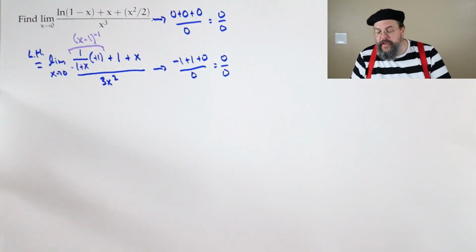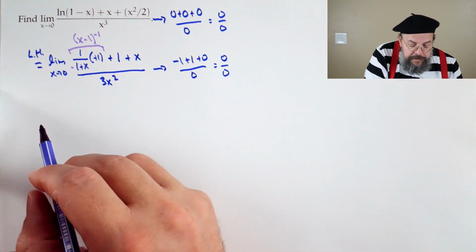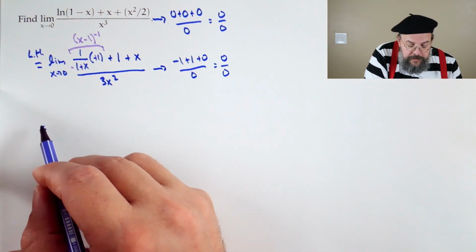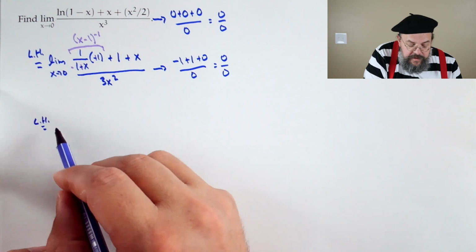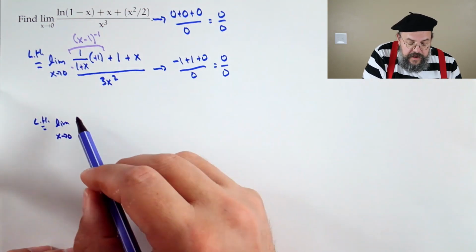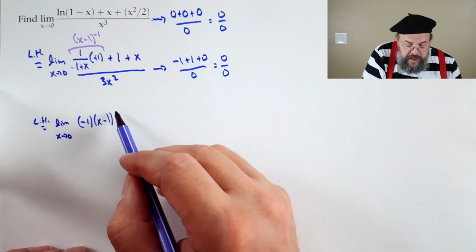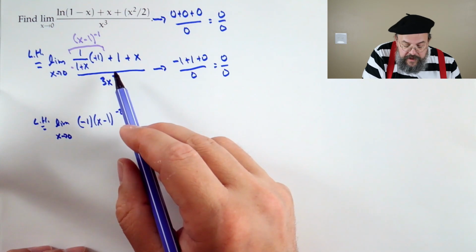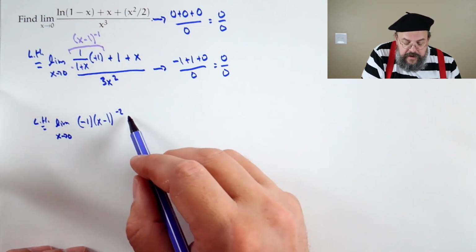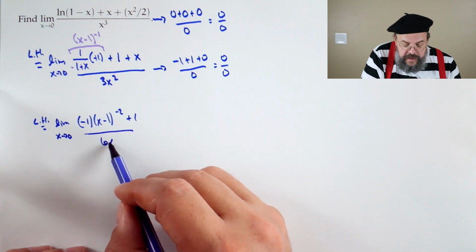Now, what happens? If we do L'Hopital, this becomes the limit as x goes to 0 of minus 1, x minus 1 to the minus 2, and then the derivative of plus 1 is 0, the derivative of plus x is plus 1, all over 6x.